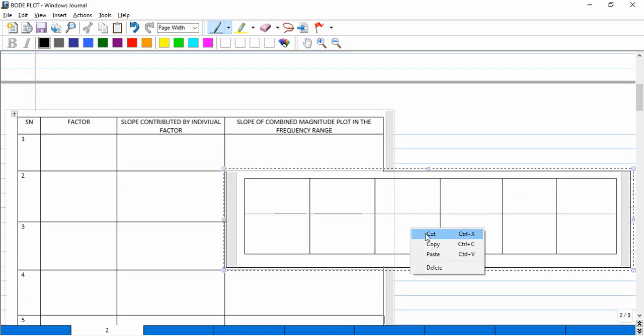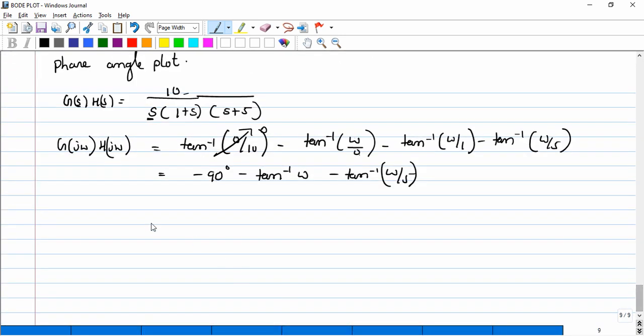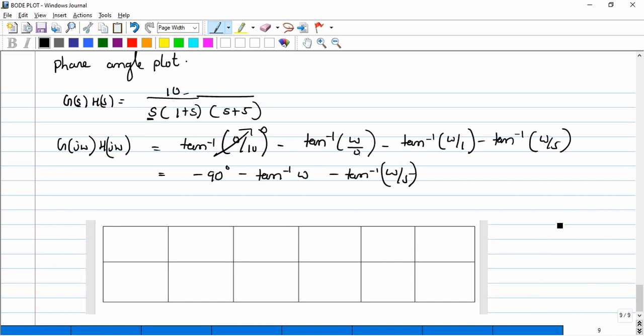Okay, let me copy this. Okay, so here what we do, we shall substitute the value of omega and identify the value of angle. So make sure you represent the corner frequencies and the first point. So here the first point in our semi-log graph always will be 0.1.